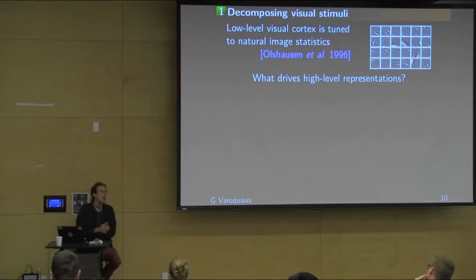And any kind of statistical analysis on natural images will reveal basically Gabor filters. So Gabor filters are basically edge detectors. And you can do this in many different ways. So basically the simple statistics of natural images are Gabor edges. They give a good representation of natural images.